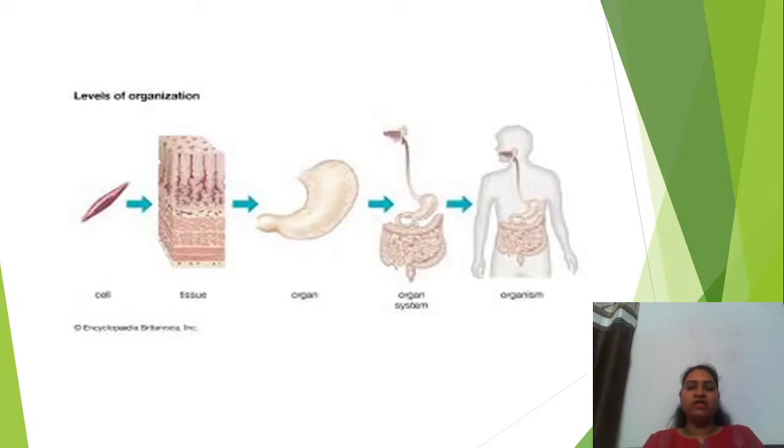In this diagram we can see the cells come together to form a tissue, a number of tissues come together to form an organ, then a number of organs come together to form an organ system, and a number of organ systems come together to form an organism. For example, the cells come together to form tissue and that tissue forms an organ, suppose stomach, kidney, intestine. Then these organs form an organ system and then it forms an organism.